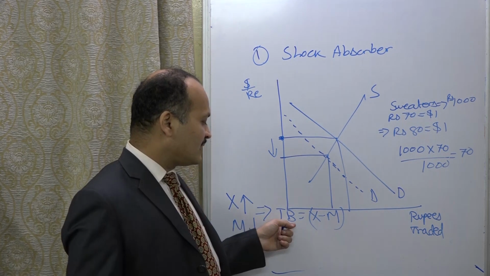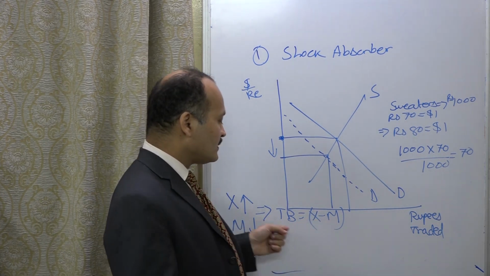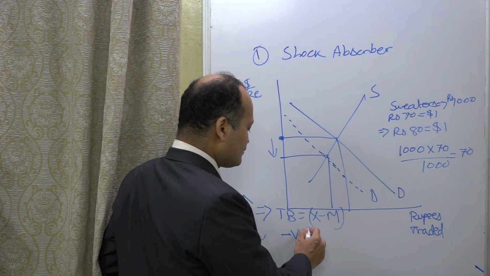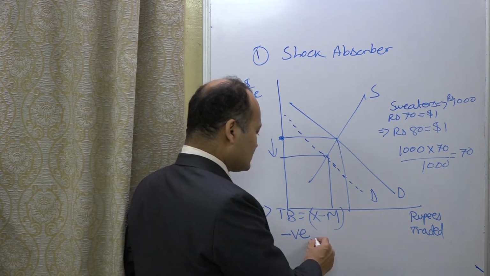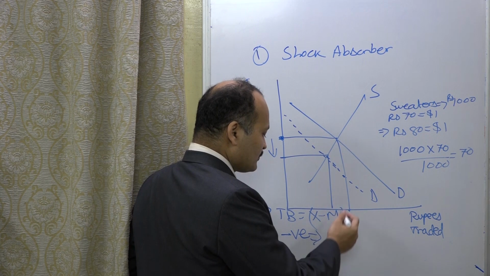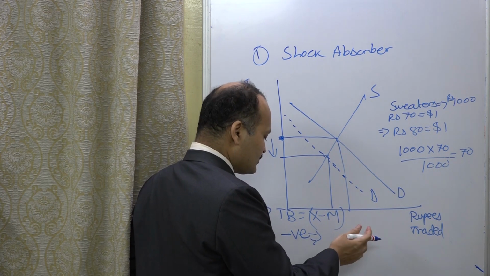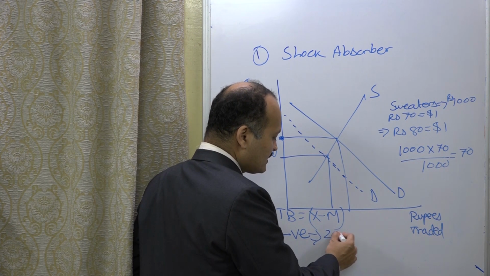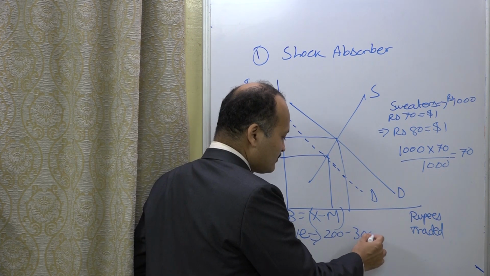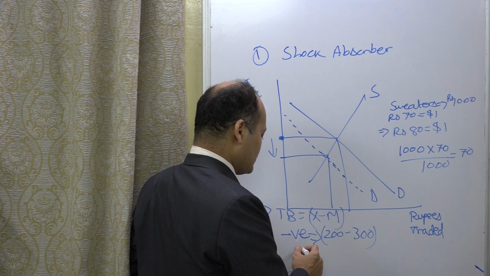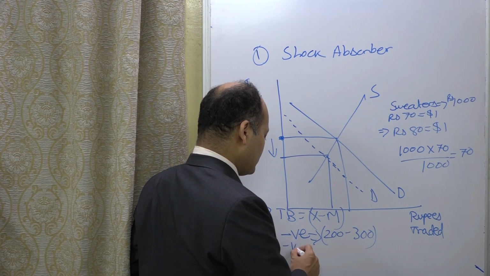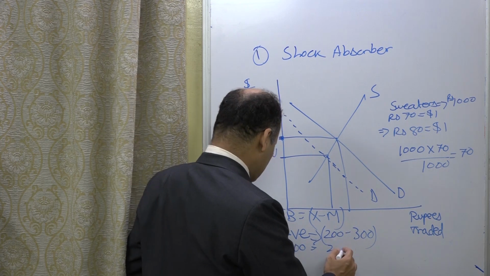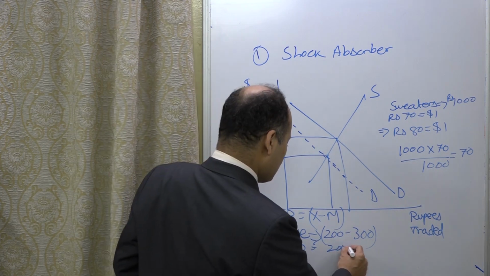If you have a high trade deficit, suppose I plug in some numbers to get the dimensions: suppose exports were 200 and imports were 300, so I get minus 100, which is my trade deficit, 200 minus 300.